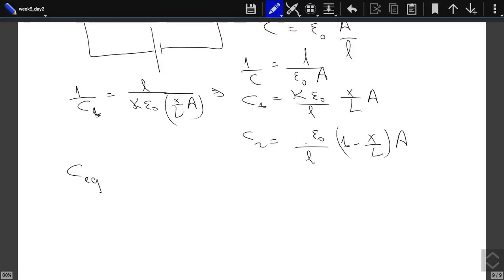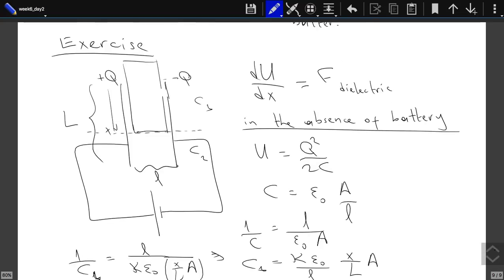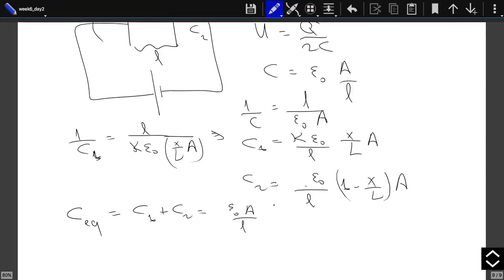What is the equivalent capacitance of this configuration? It's the sum, C1 plus C2. This will be equal to epsilon 0 A over L times kappa x over L plus 1 minus x over L. This is the equivalent capacitance.